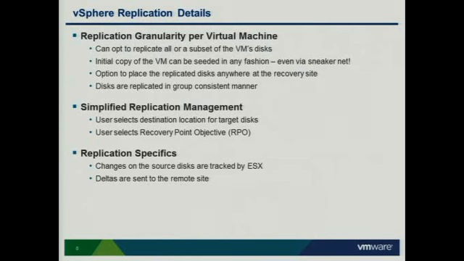Some extra details on vSphere replication. Each virtual machine disk can be replicated and included within that protection. So if we have a virtual machine that has multiple VMDK files associated with it, we can exclude a VMDK to help reduce the amount of replication traffic that virtual machine is consuming.